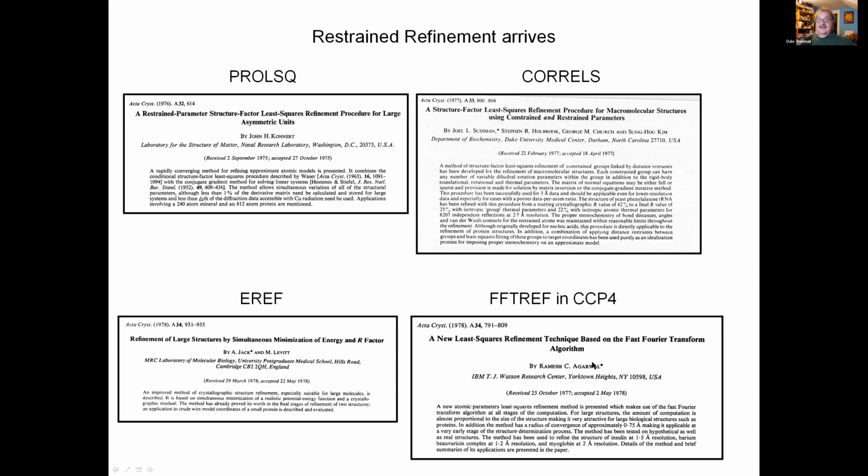Agarwal developed a brilliant convolution method to be able to use FFTs to calculate the derivatives as well as the electron density maps and structure factors. And I think everybody uses that technique now in their calculations.